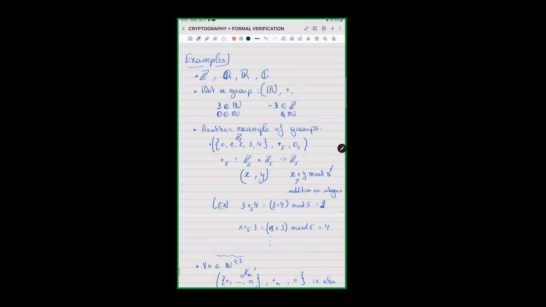If we use the notation with the plus, the addition on the natural numbers is not a group, because if we want the opposite of 3, which is -3, -3 is not a natural number. Okay.